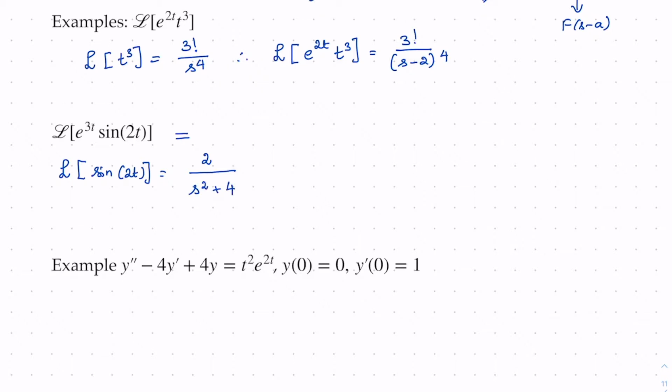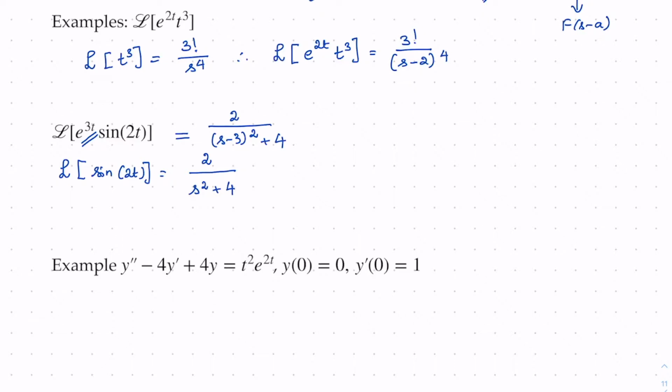Now since e to the 3t is multiplied, we are going to replace this s by s minus 3. So therefore the answer for this would be 2 over s minus 3 the whole squared plus 4, right?